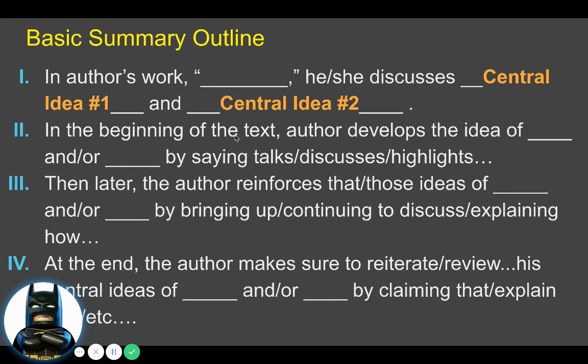Some students take these little sections literally, and then they give me 1 sentence, which is okay if your piece was really short, but oftentimes you need to make sure that you're fully summarizing the key details and how they connected and referred back to those central ideas in each part of your summary, or each part of the text that you broke apart.